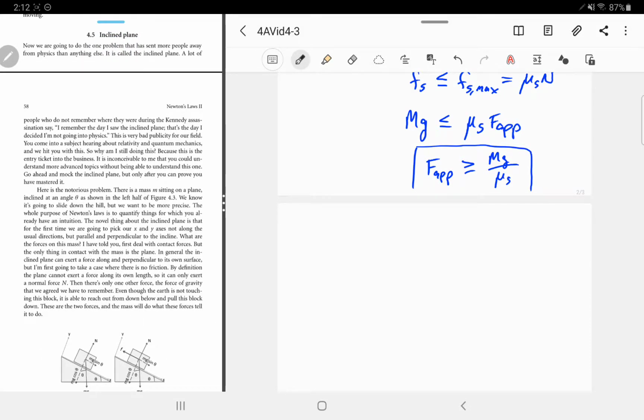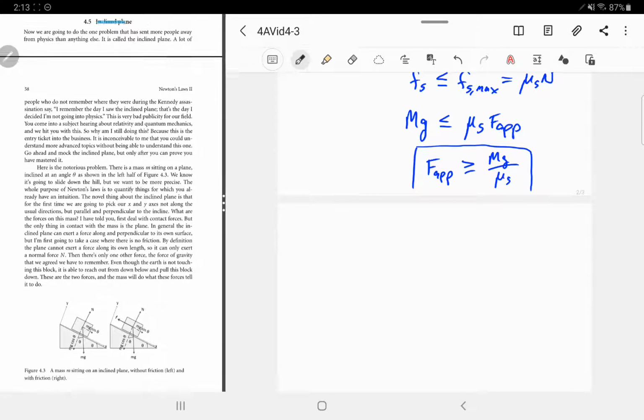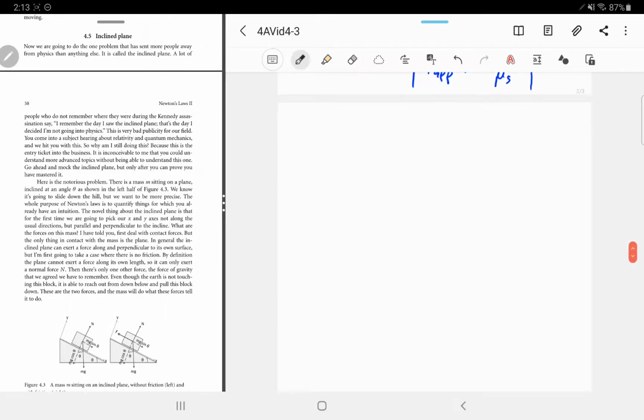So even though the problem might not be terribly interesting to you, it has you use some of these skills of decomposing vectors into components, using your models of friction and Newton's second law to turn that into quantitative statements and predictions about how quickly a mass might accelerate. So this is good practice for skills that we're going to need throughout physics, right? Regardless of how antiquated the topic might seem.